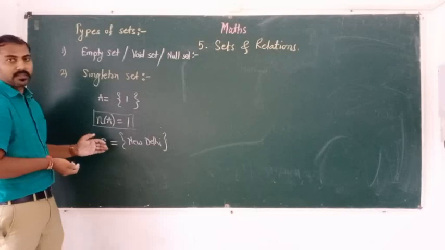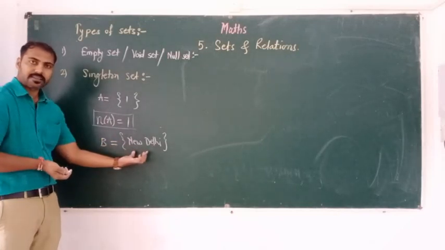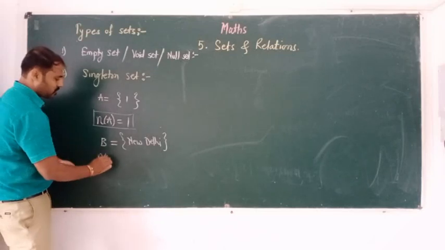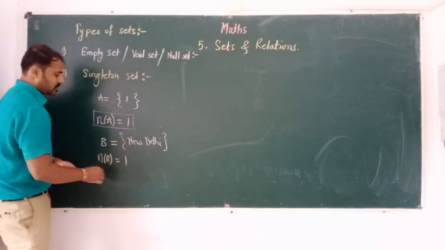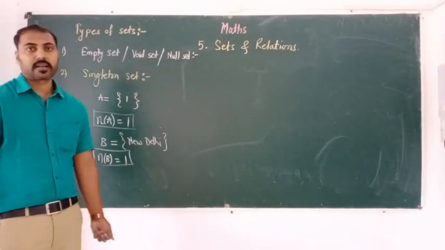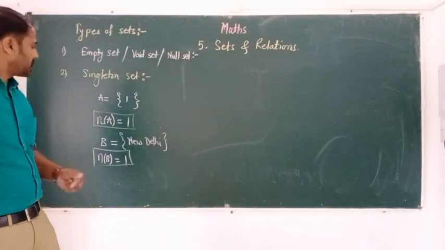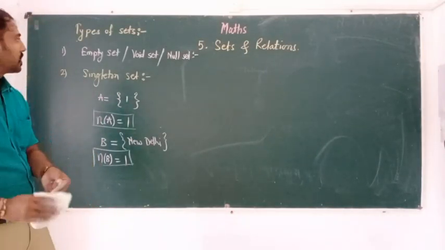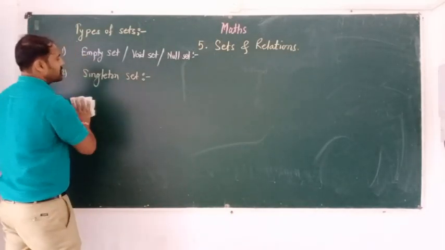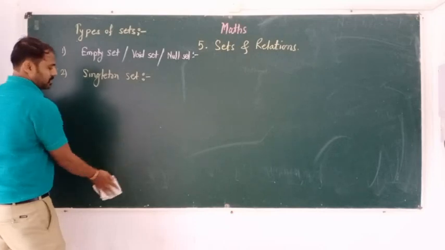So how many elements are there? New Delhi is one element. So n of B is also 1. The cardinality of a singleton set is always 1. A set containing only one element is called a singleton set.